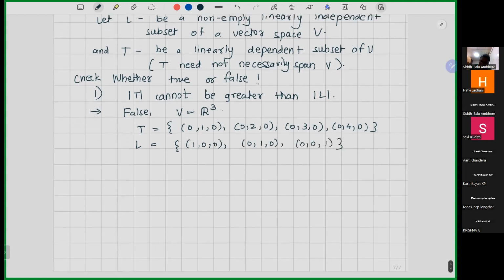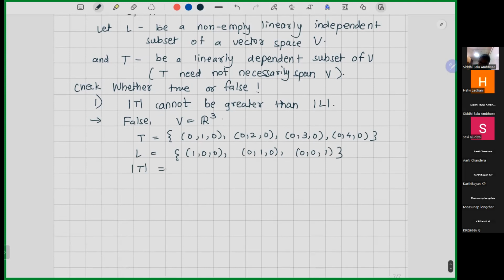Now we very well have that the cardinality of T is 4, which is greater than the cardinality of L, which is 3.